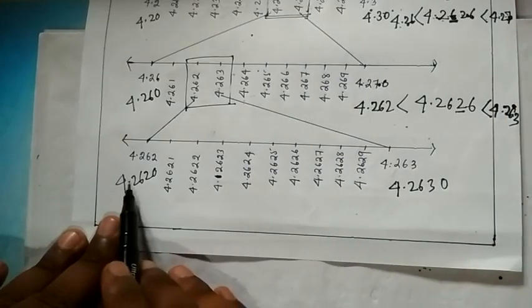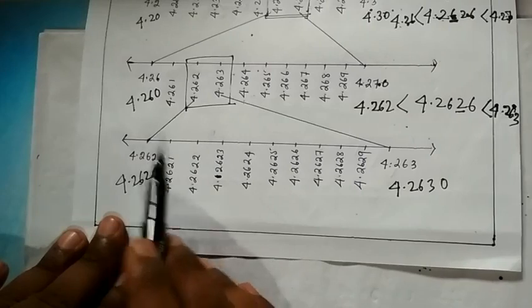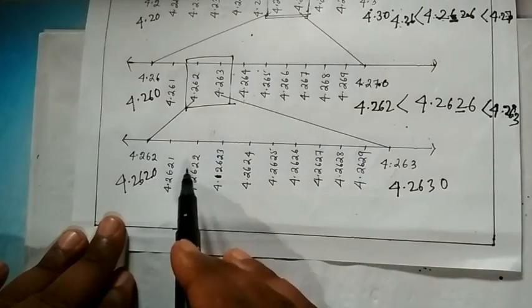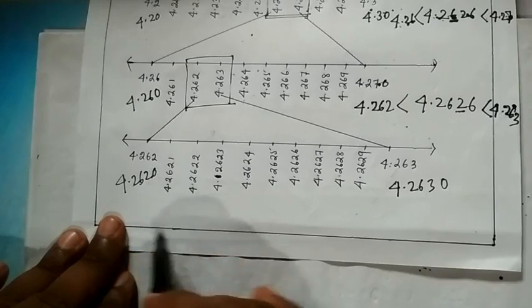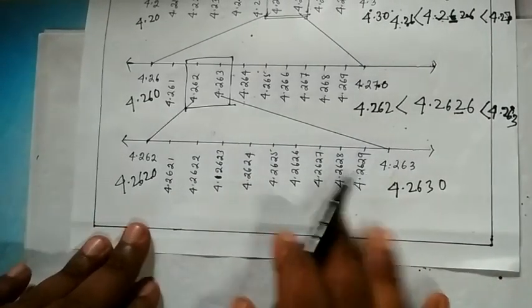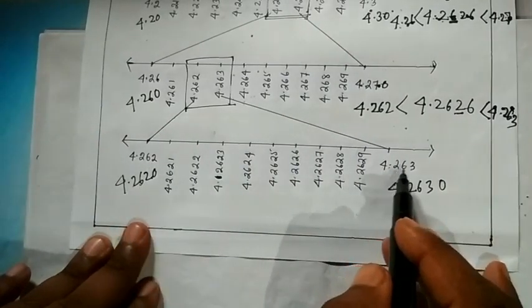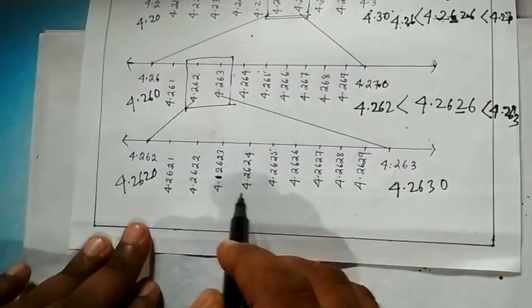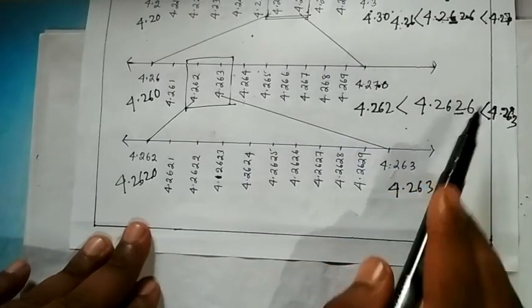That means 4.2620. The next part will be 4.2621. Again the next part, the second part will be 4.2622, and so on like that you can find. And you see in between 4.262 and 4.263 whether our required number is there or not. Our required number is 4.2626.